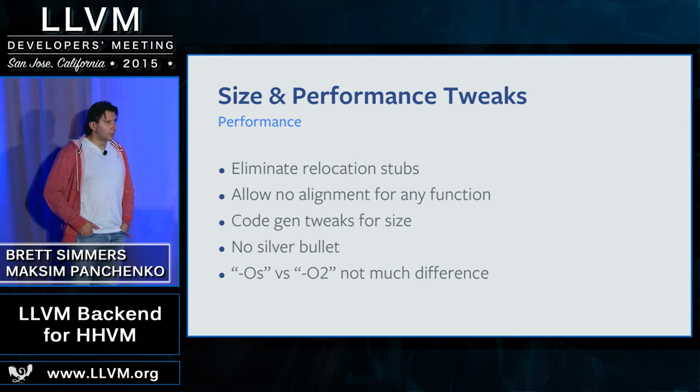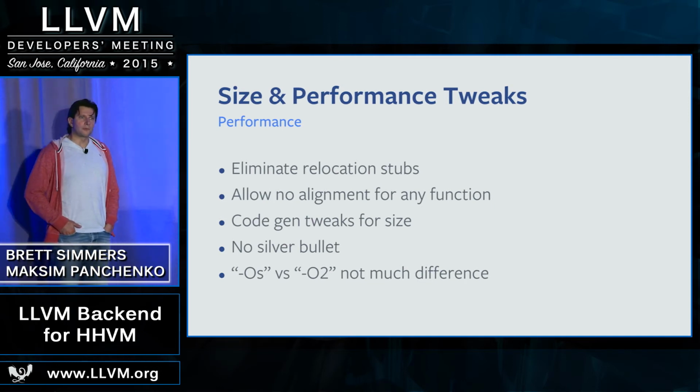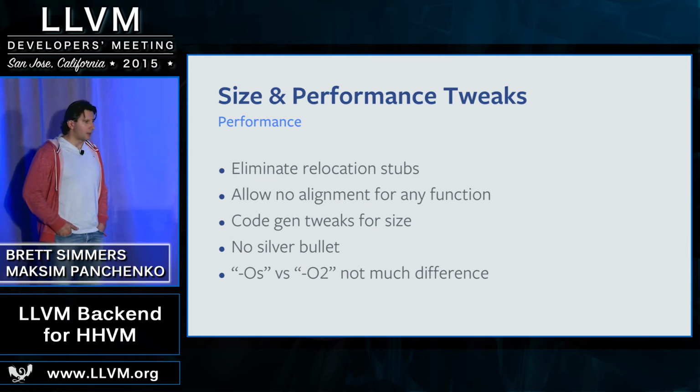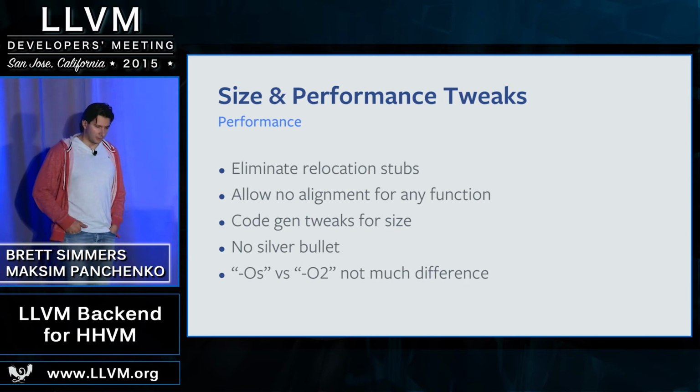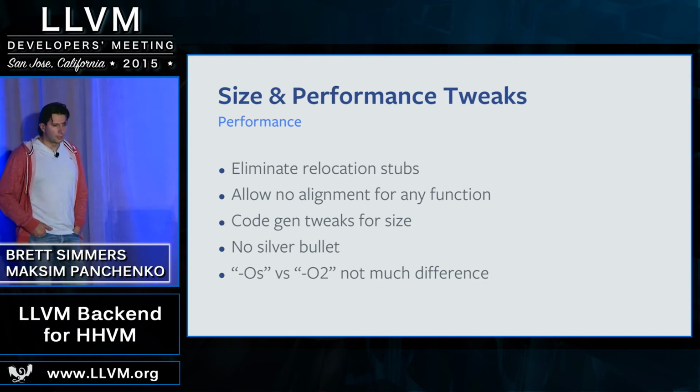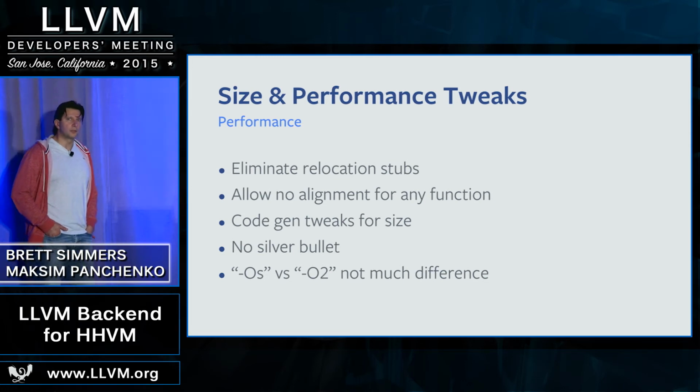Then we also wanted our functions to be 1 byte aligned, or no alignment at all. But by default, unless you specify optimize for size flag, every function is aligned in 16 bytes on the x64. So we fixed that. And then we started fixing different problems while looking at the code.